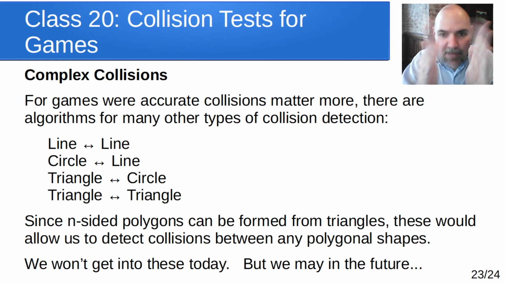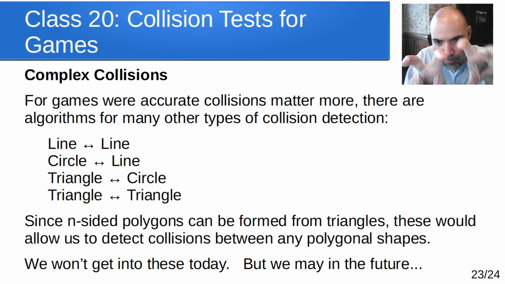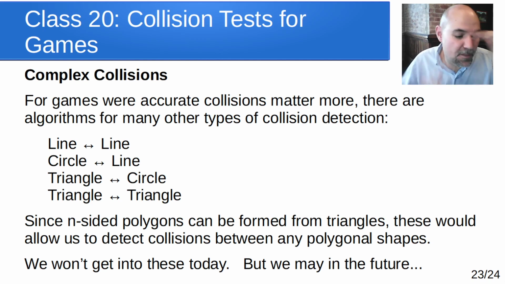So in other words, rather than having axis-aligned bounding boxes, you can do squares that are sideways, or a triangle and a square, as long as the objects are polygons that don't have any concave parts, then that methodology will work.